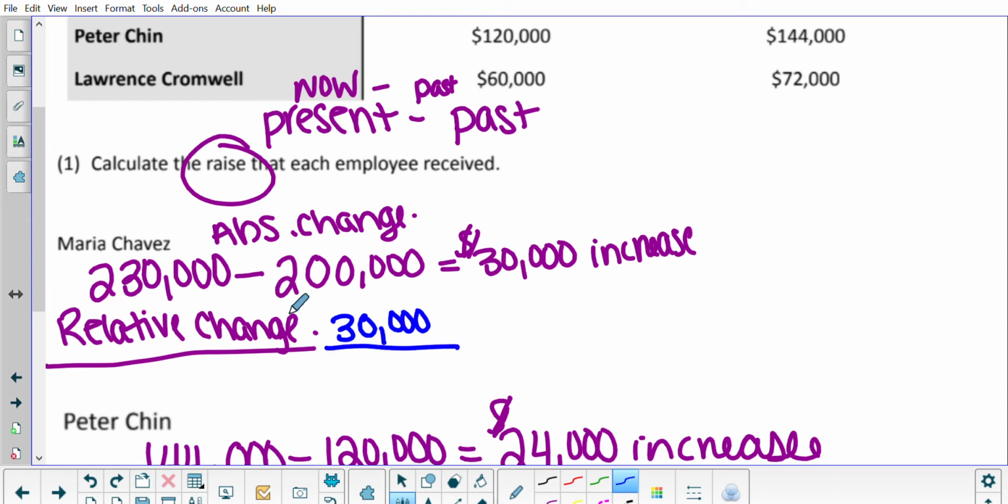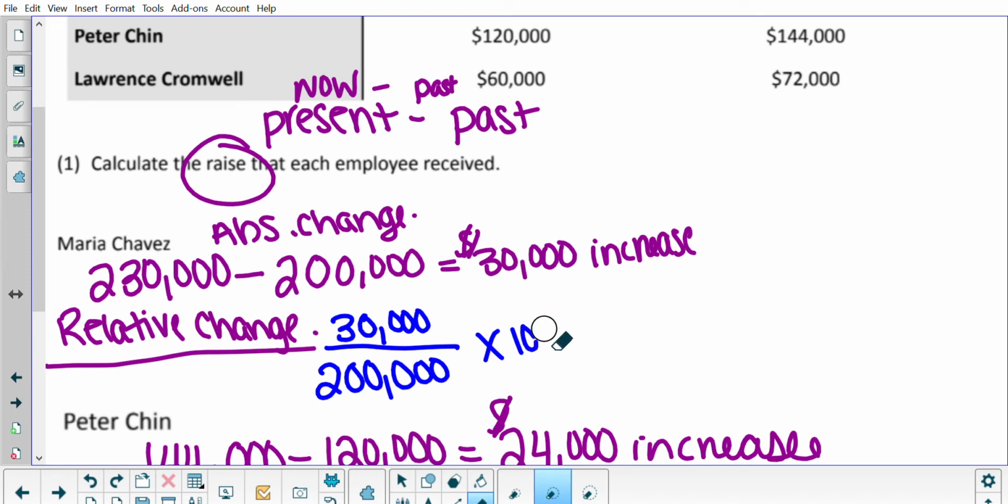We divide it by what she received in her past, and we're going to times it by 100. When you guys do this, okay, you need to divide first and then multiply by 100.